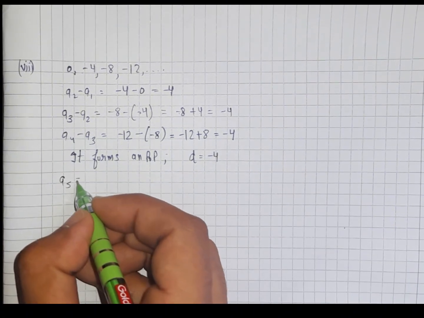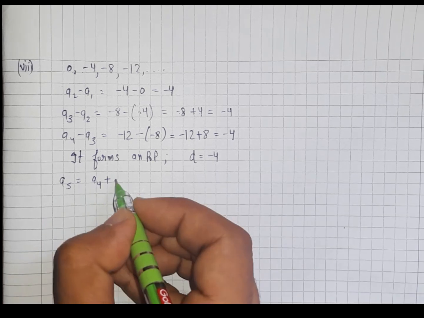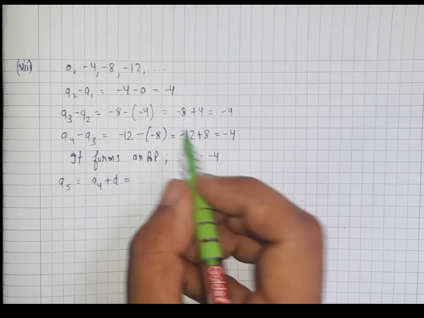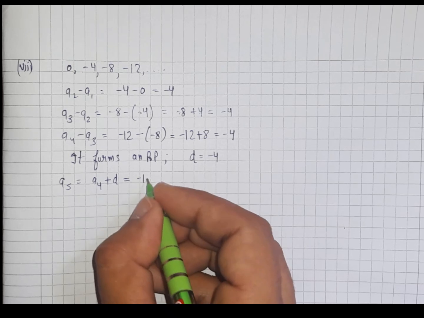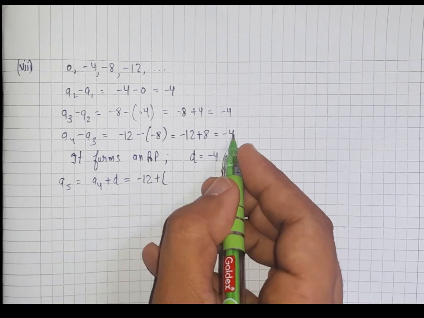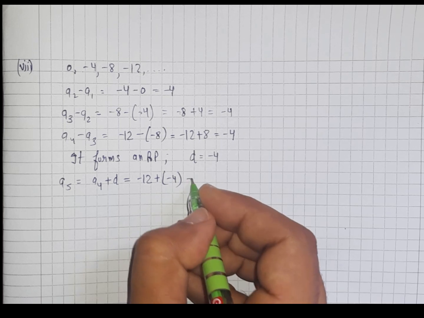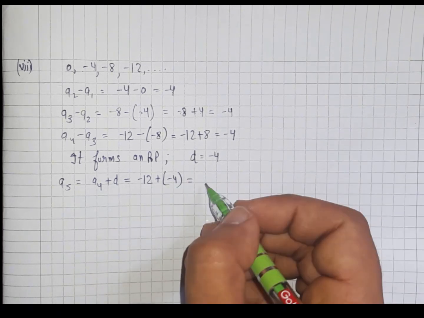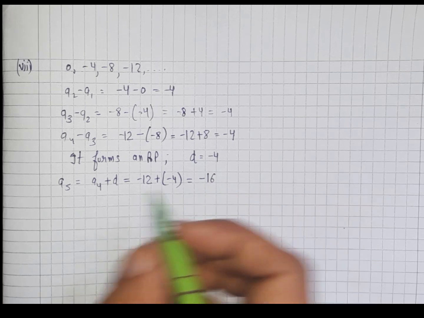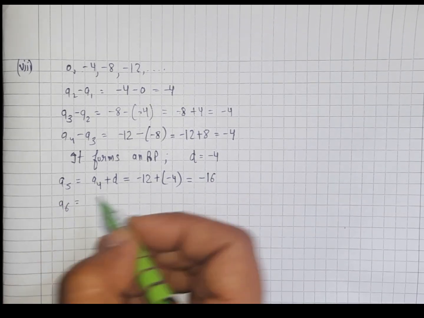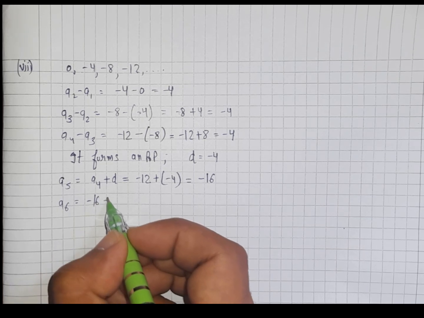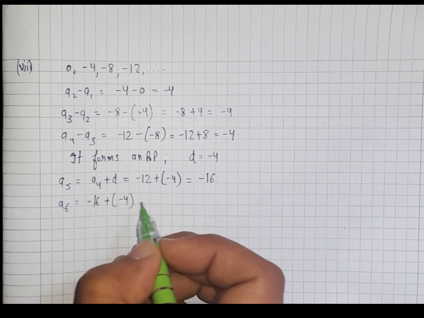So the next terms are A5 equals A4 plus d. A4 equals minus 12 plus d equals minus 4. Minus 12 minus 4 equals minus 16. So A6 equals A5 plus difference d.